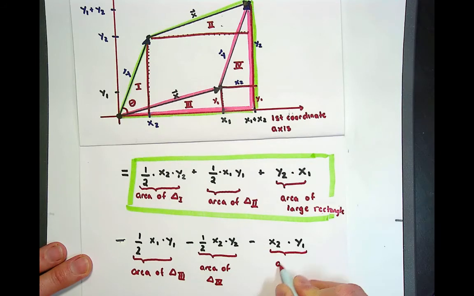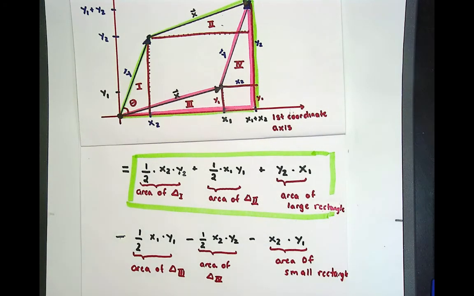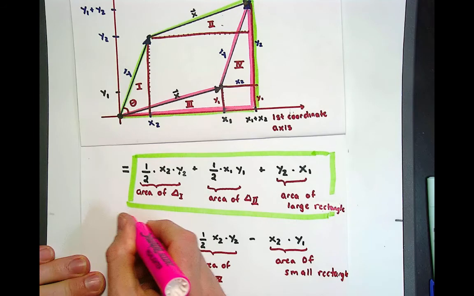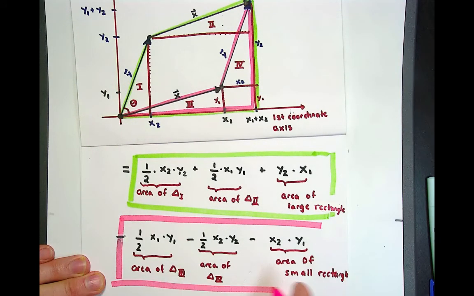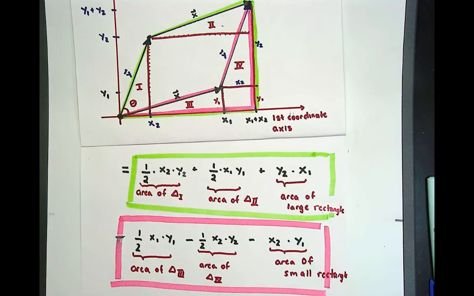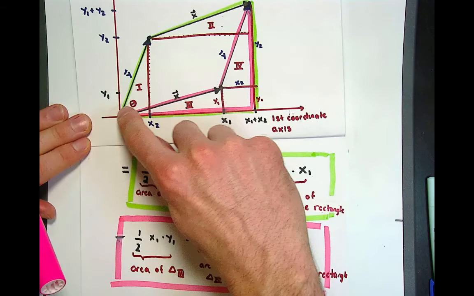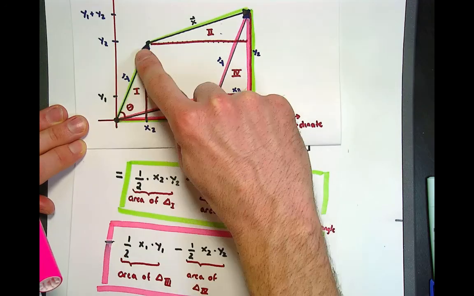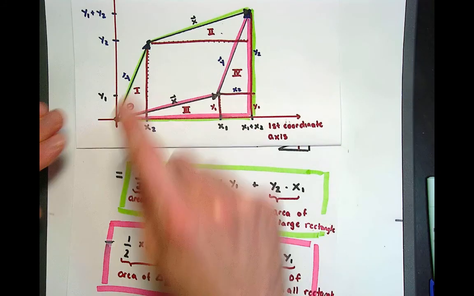This right here was the area of the small rectangle. And the whole idea was these three shapes together formed the smaller red shape that we were going to subtract away. And now we take this green shape and subtract away the red shape, and we're left just with the parallelogram formed by the x and y vectors that we highlighted at the beginning.